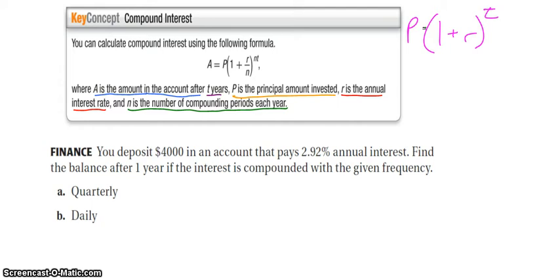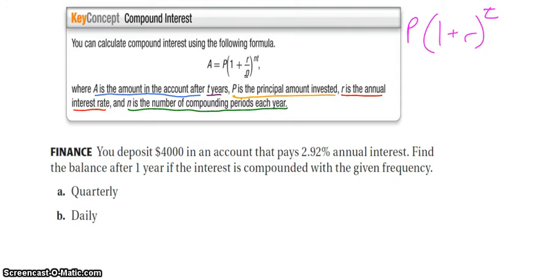But oftentimes banks will compound your money, give you some interest along the way, which is nice because then you'll gain interest on interest. So we use a different formula for this to account for the times that you are getting that interest along the way. We have this new variable n, which tells us the number of times that you're compounding per year.